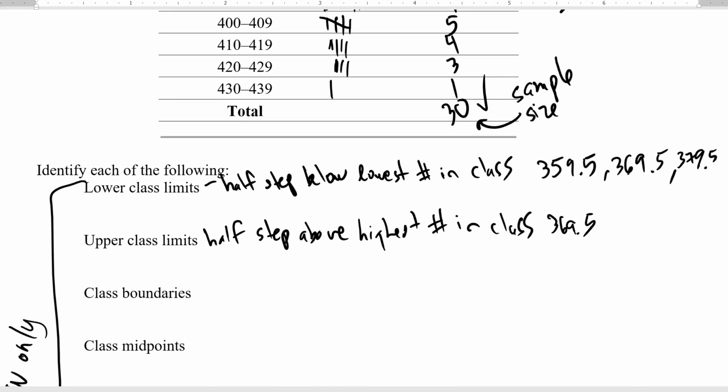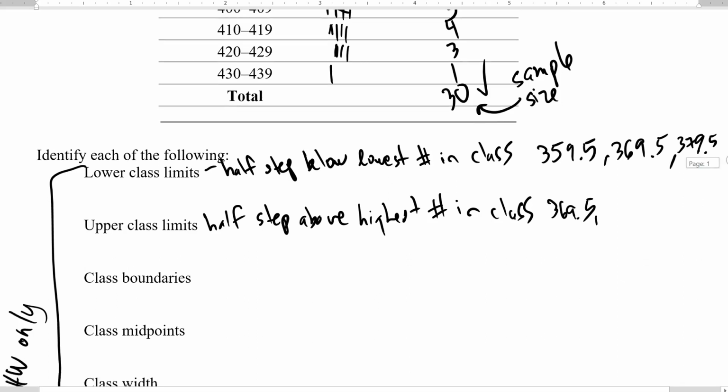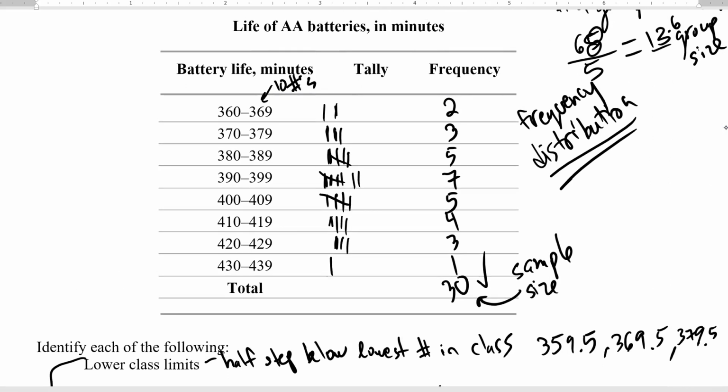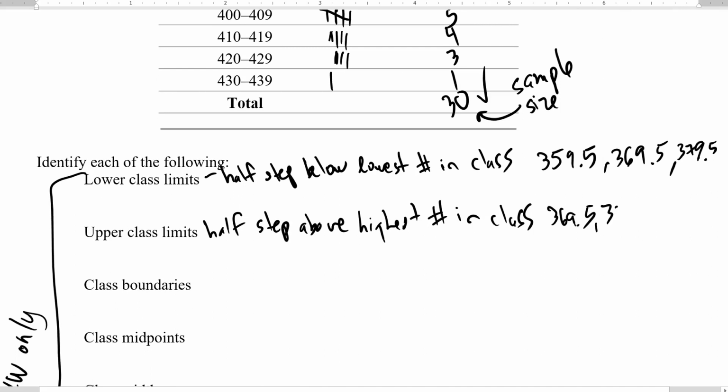See, that's also half a step below the next lowest number. It's half a step above the highest number in that group. So the second group would be 379, so a half step above that. Then 389.5, and so on and so forth, till the very last one would be what? 439.5.